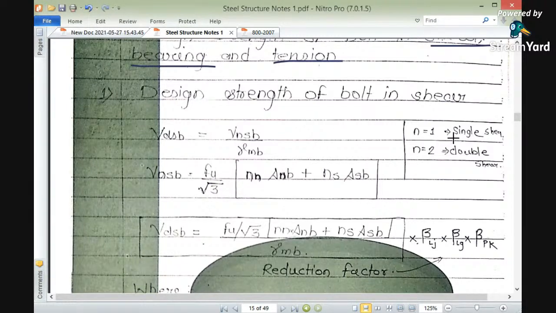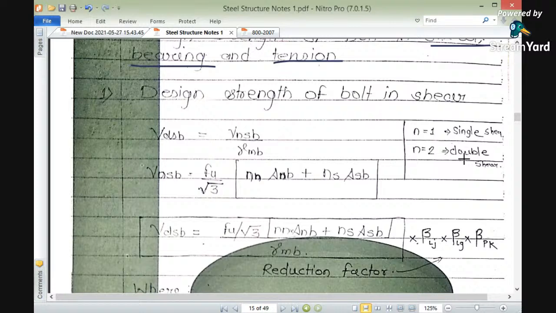If it is single shear, that means the number of plates is less and it has a single shear, then n is equal to 1, and when it is double shear we will take n equal to 2.